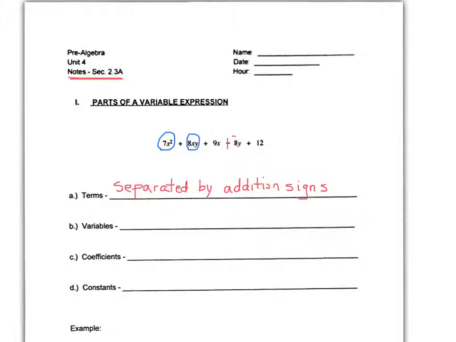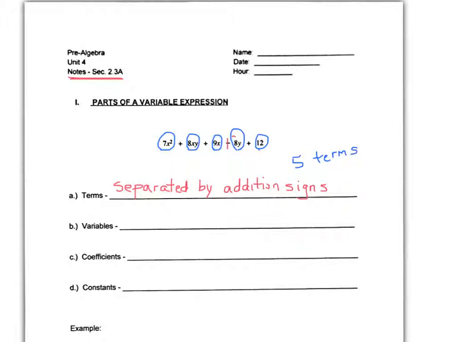This plus sign separates them. And here's another term, and here's another term, and here's another term. So this particular example has 1, 2, 3, 4, 5 terms. There are 5 things separated by the plus signs.